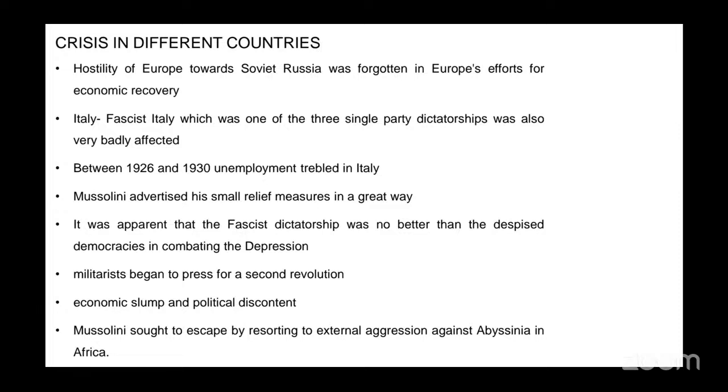So the focus on Russia was sidelined. This created space for Russia to focus on its development. So what happened?